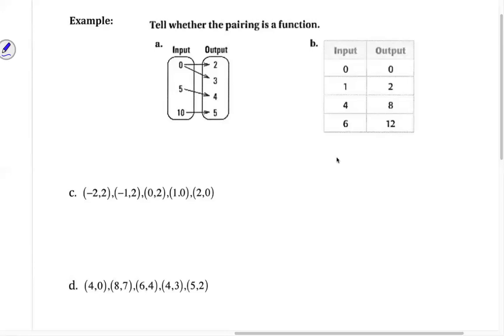Because 0 is being repeated, A is not a function. Okay? It's not a function because that is being repeated. So I'm going to circle that. So far, so good, Maddie?